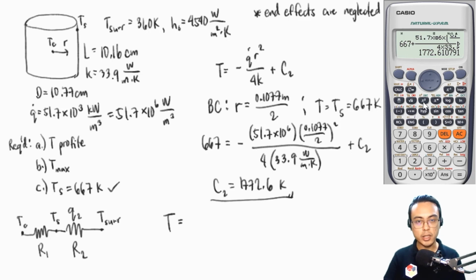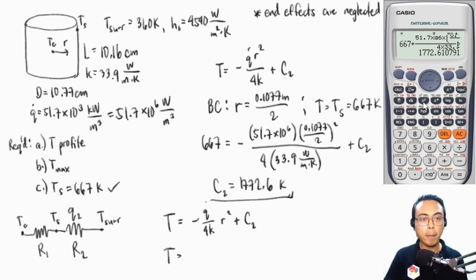It is now T is equal to negative Q dot over 4K times R squared plus C2. Substituting the given and the value of C2, we have T is equal to, the collection of terms Q over 4K is 51.7 times 10 raised to 6 over 4 times 33.9.